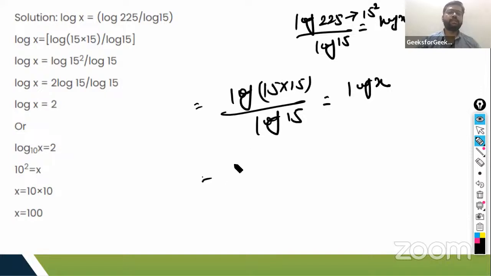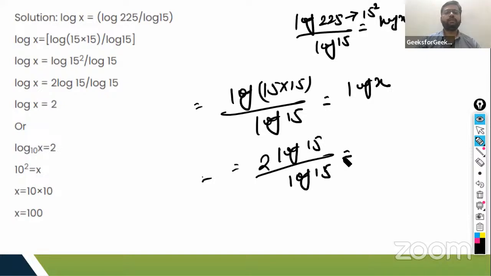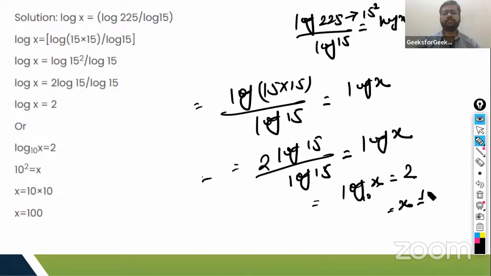So this 15 square can be written as 2 log 15 upon log 15 is equal to log x. So log 15 cancels. So log base 10 x is equal to 2. From here, x is equal to 10 square, that is 100.